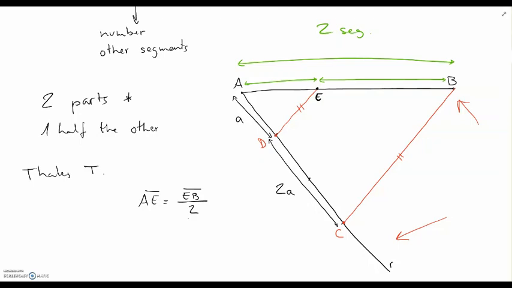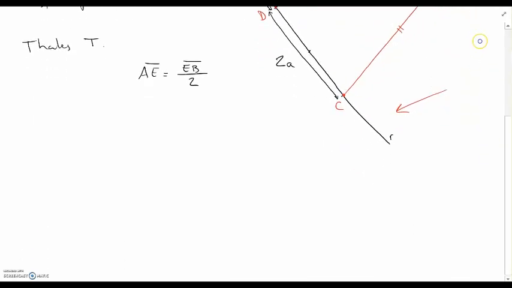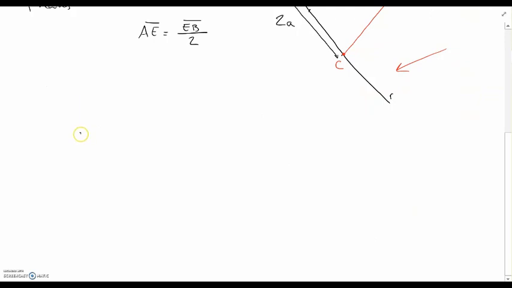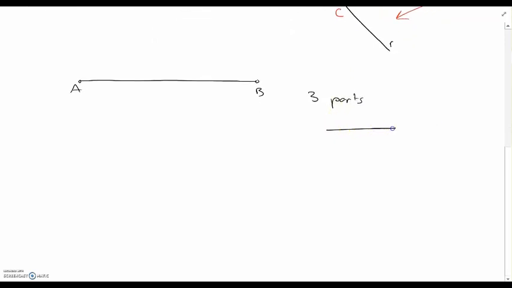If you want to check this with another example, we can divide a segment AB in 3 parts, not equal parts, proportional to segments A, B, and C. We don't know the length of segments A, B, and C, but we know that the last one is the longest and the first one is in the middle.